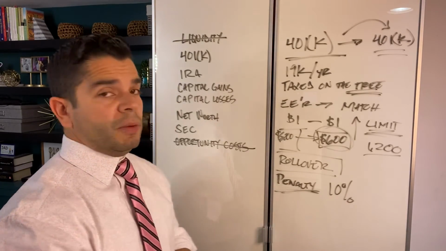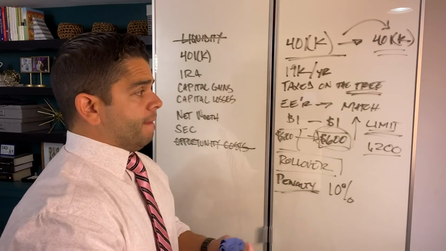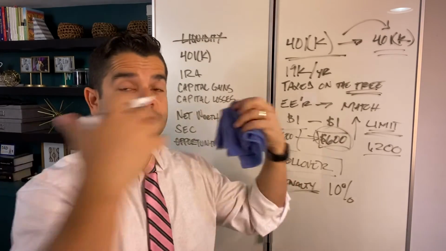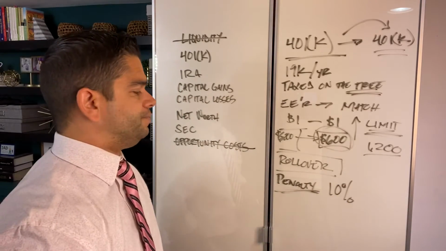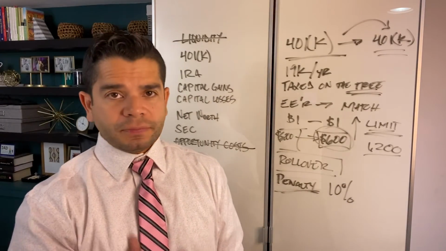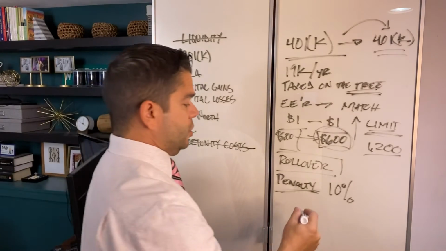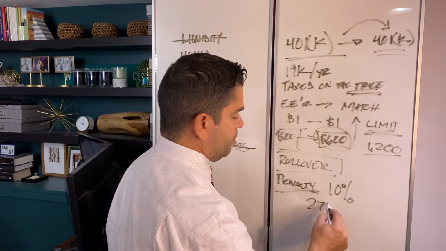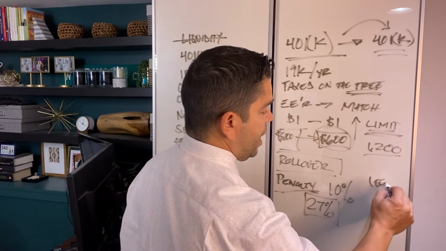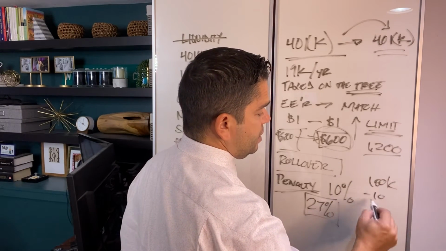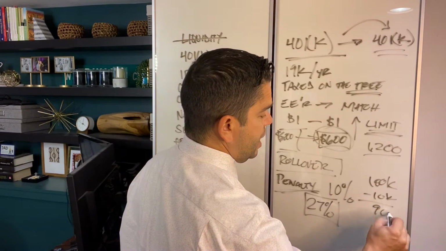That's number one. Number two, if you took it out in cash, used it, didn't put it back, and it wasn't an approved or qualified emergency cash out, then you're going to pay taxes at your regular tax rate. So if you're at a 27% tax rate and you took out $100,000, you're going to have $10K as the penalty. That leaves you with $90K.